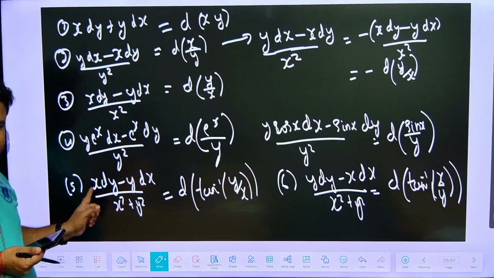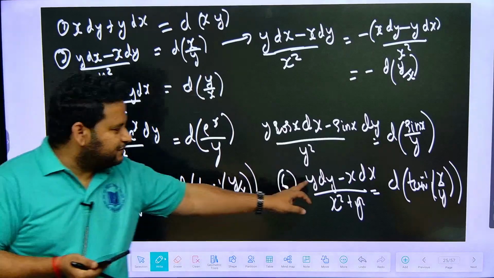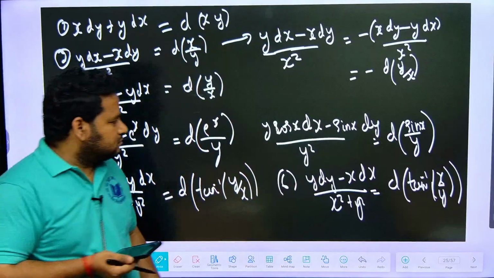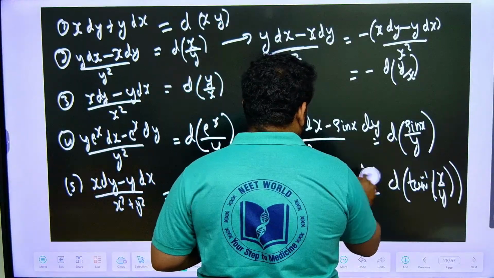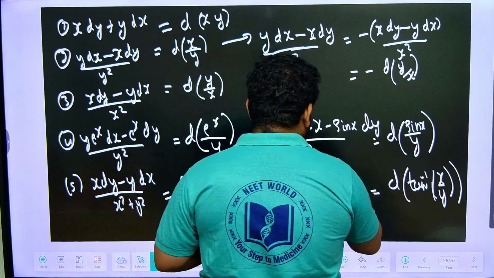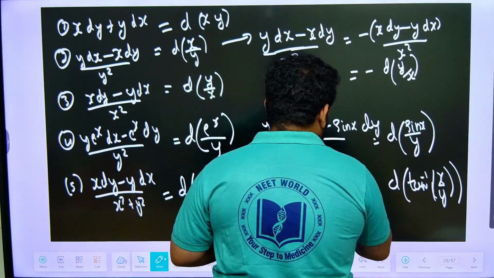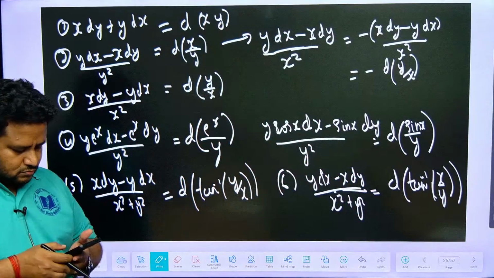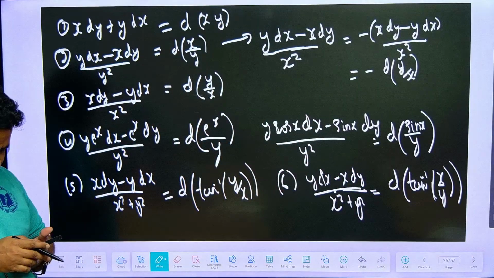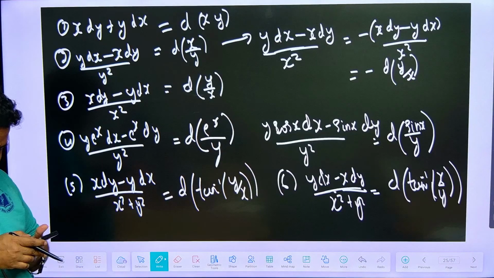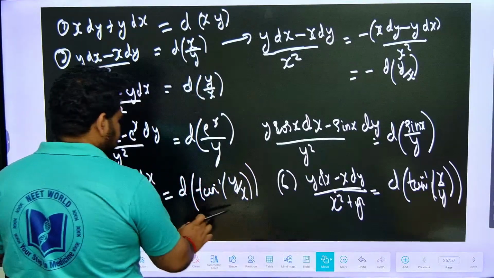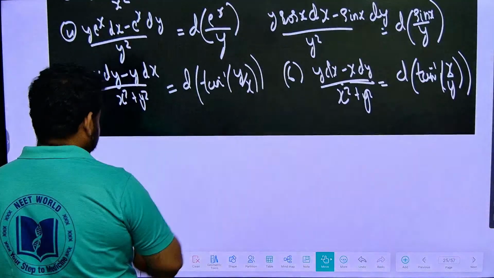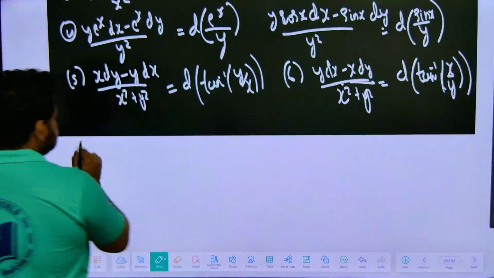So this will be the denominator here, and here y will be the denominator. y dx minus x dy, understood? Written? Seventh one.